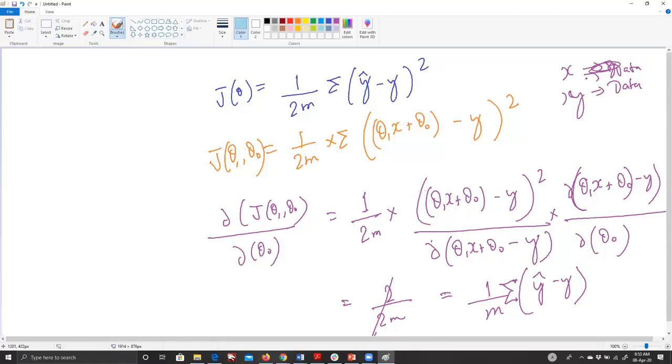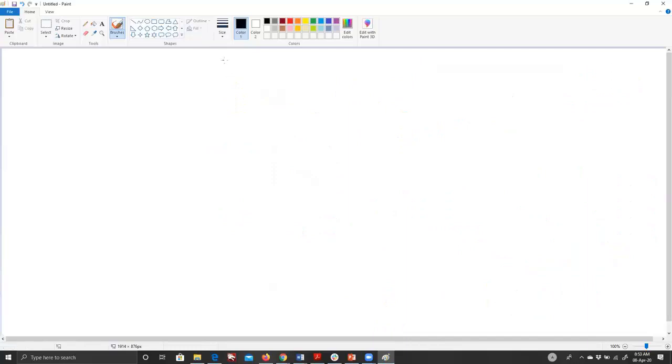Can you please explain the differentiation? Tell me, what is the answer? 2x. All right, so that's what the trick was over there.